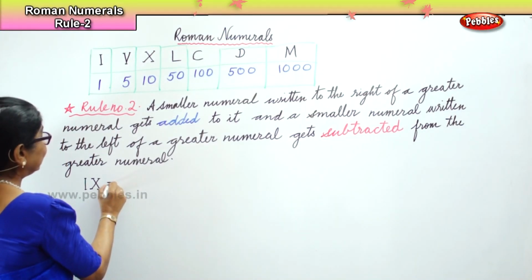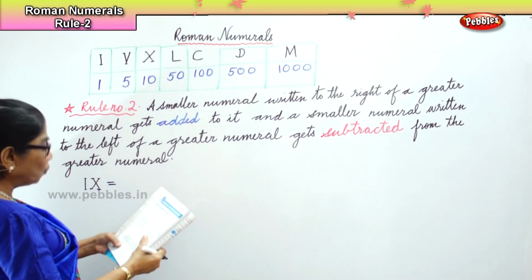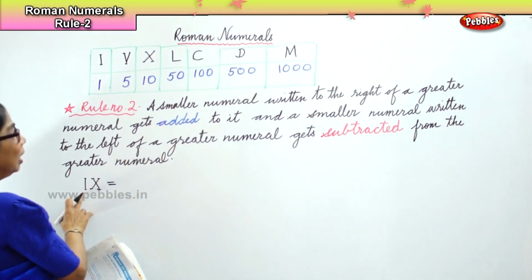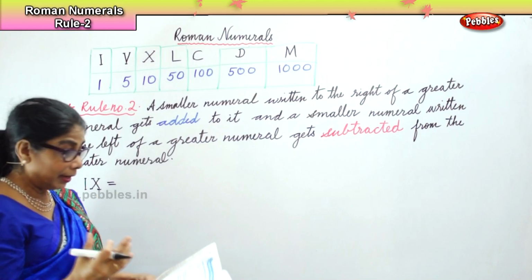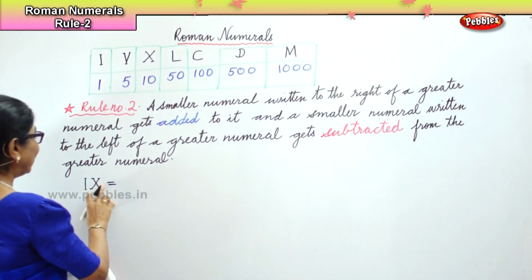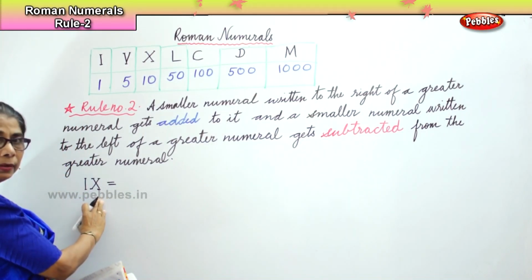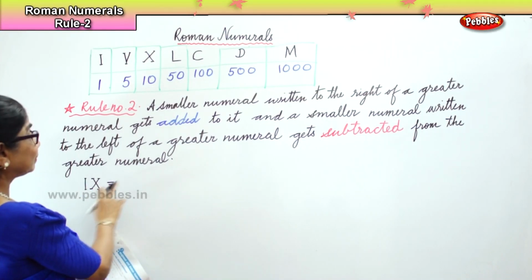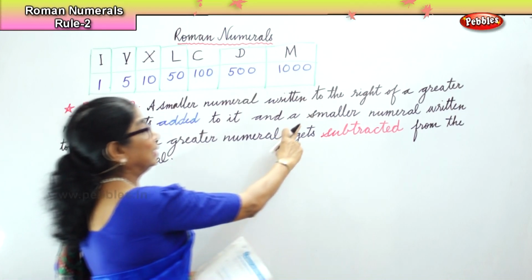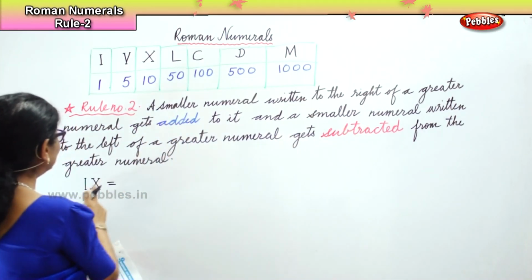Now let's look at the rule. Here you have the big number, and in this case, a smaller numeral is written to the left.